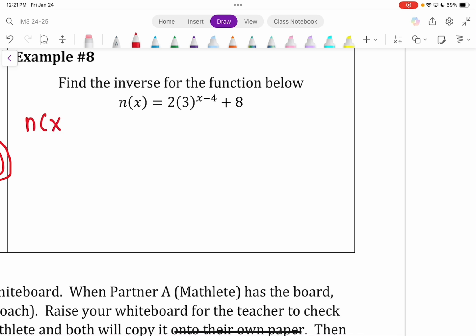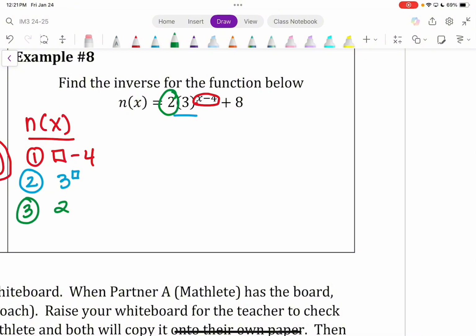N of x. So step 1 is x minus 4. Step 2 is 3 to the box. Step 3 is 2 times the box. Step 4 is box plus 8.